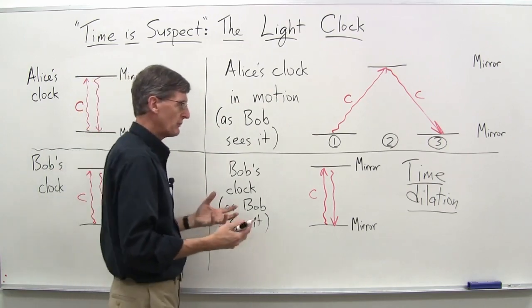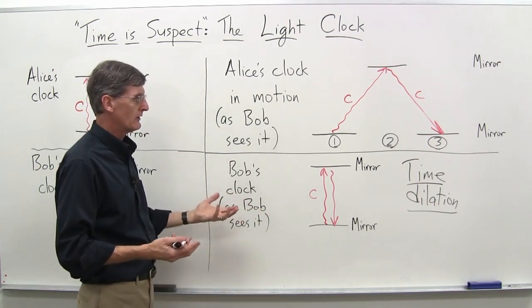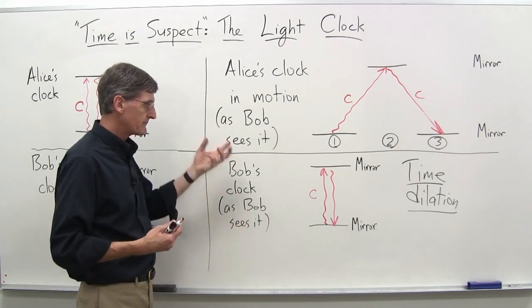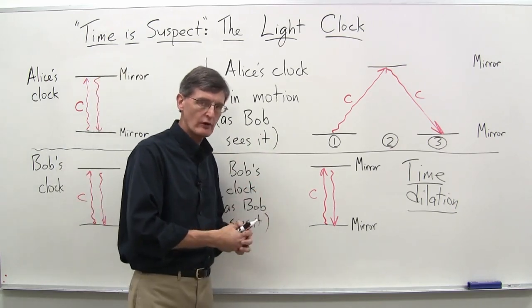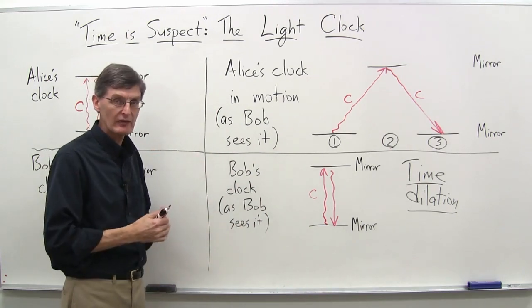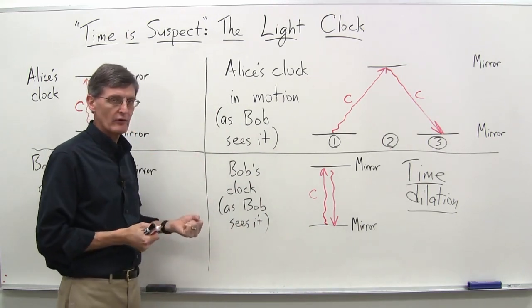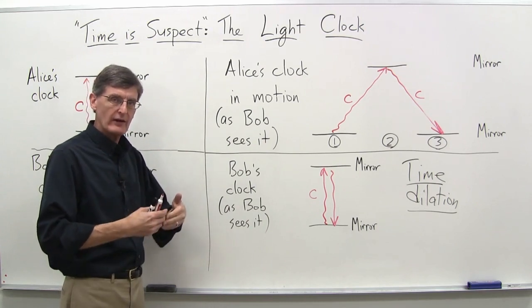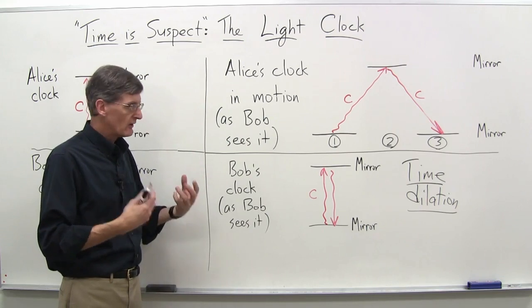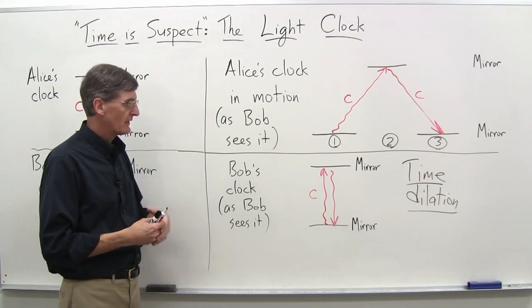So this is one of the paradoxes. You say, well, wait a minute. How can they both conclude the same thing? There would seem to be a contradiction there. And yet, as we investigate this more, we have to hold that seeming contradiction in tension, because actually it really goes back to the whole idea that you can't define an absolute time. Simultaneity is relative. Clock synchronization is relative as well.